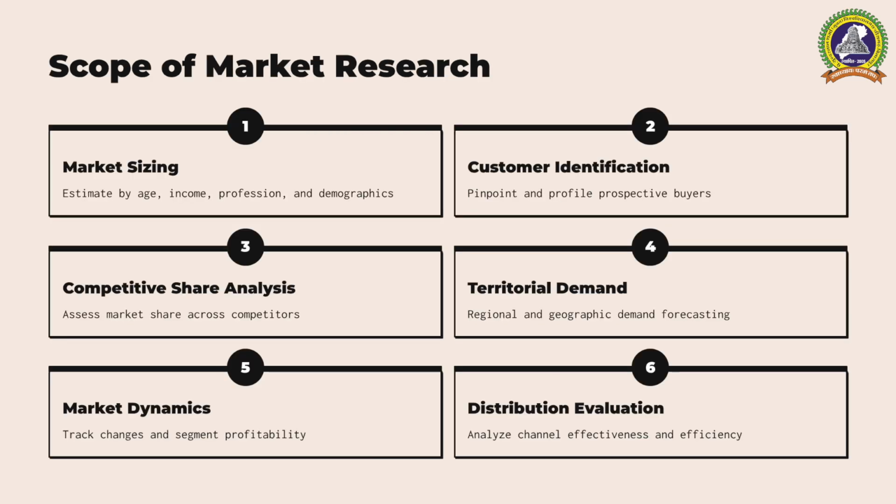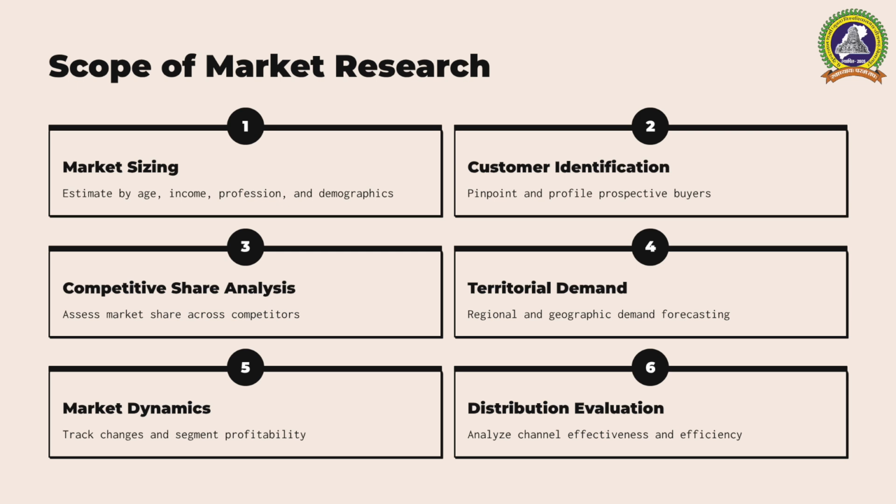Next, let us see the scope of market research. The scope of market research is vast, covering several specific activities. It starts with the analysis of market size. But this is not just a single number. We break market size down by age, sex, income, profession and the standard of living of the customers. It involves identifying prospective customers, those who are not yet buying but might in future.